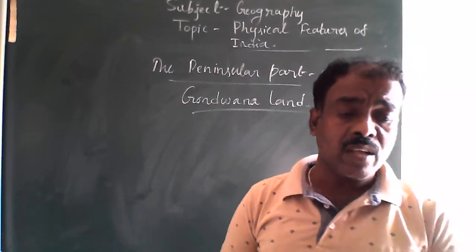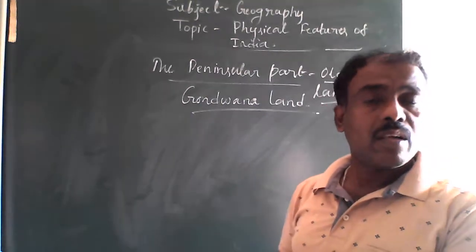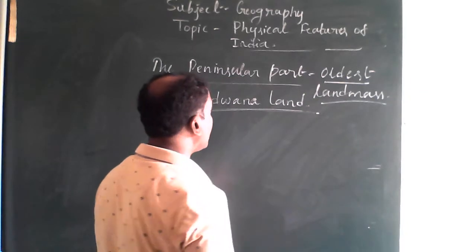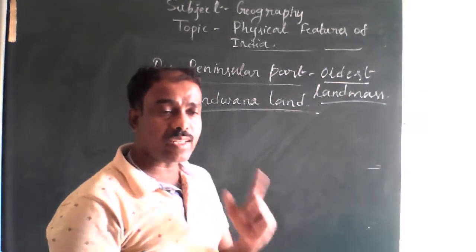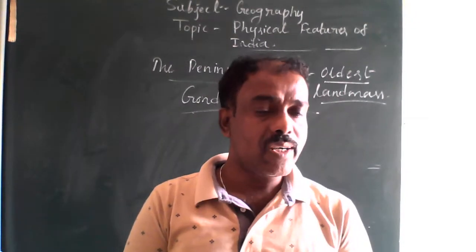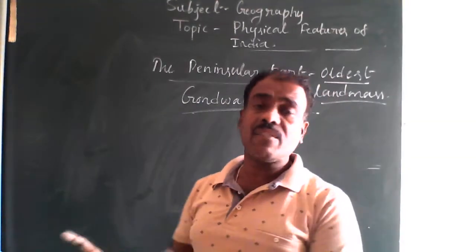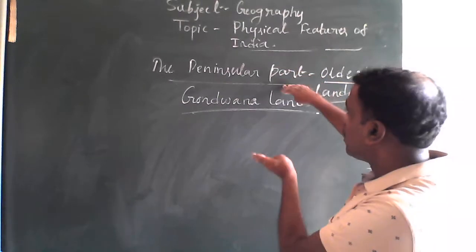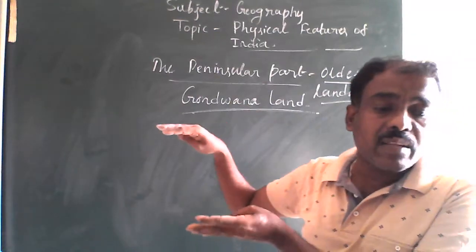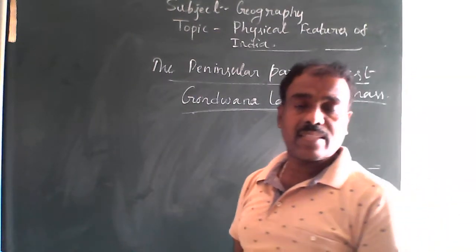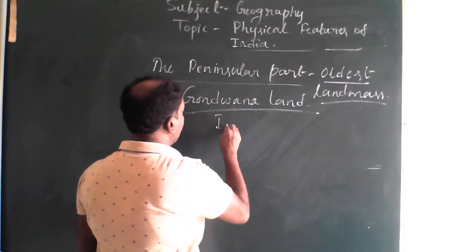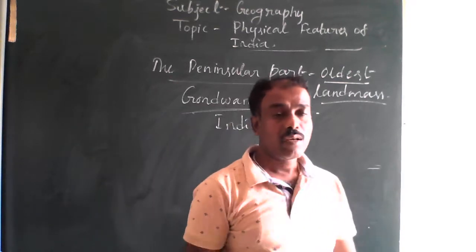See, dear students, this Gondwana land included many countries. So please, once again, I would like to repeat: the oldest landmass, the peninsular part, was a part of the Gondwana land, and this Gondwana land included many countries. Which are the countries included in this Gondwana land? Especially India. Getting now?